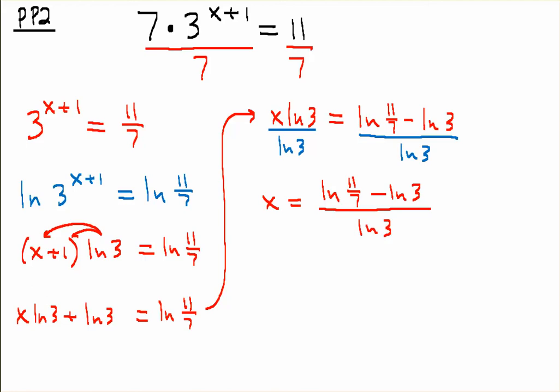Can you punch that in? And can you get something that's very close to a negative 0.59? Lots of parentheses there. Really careful where you put in those parentheses.